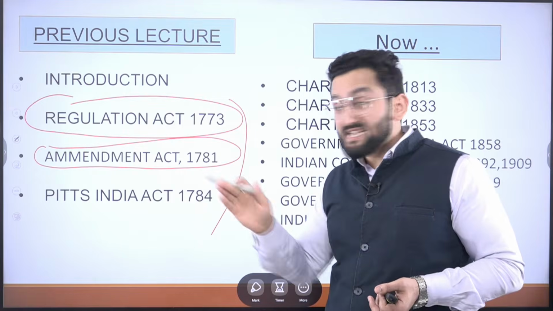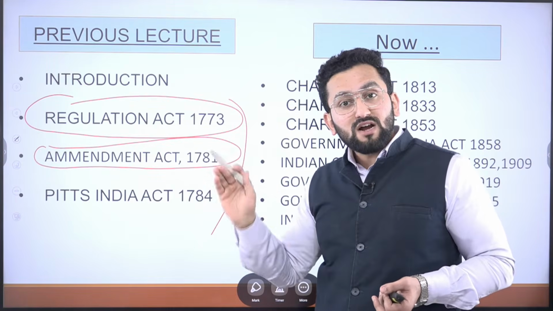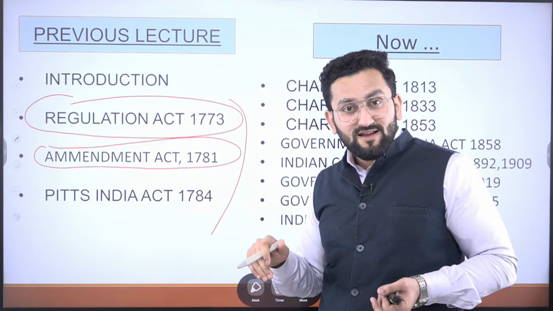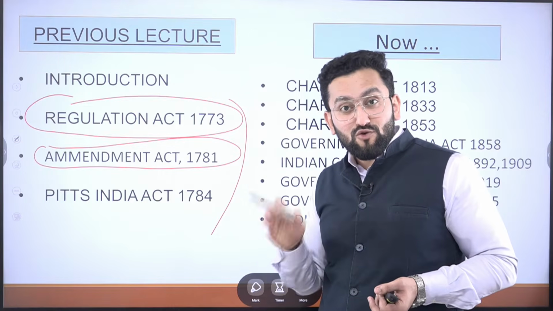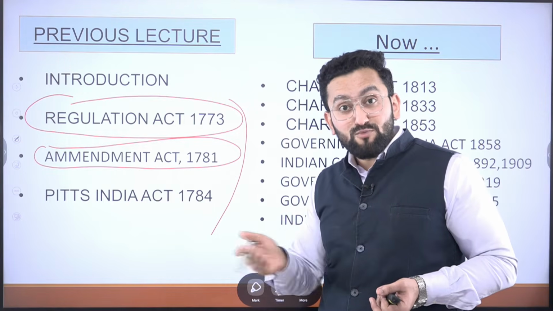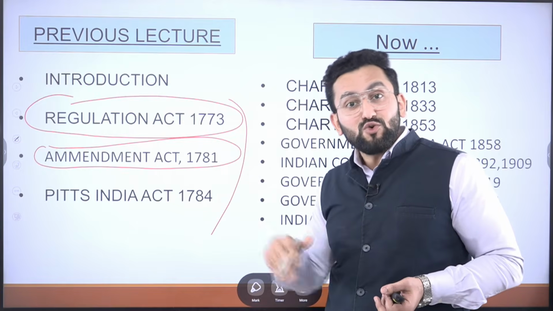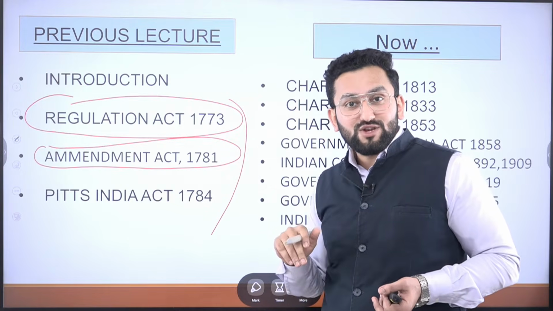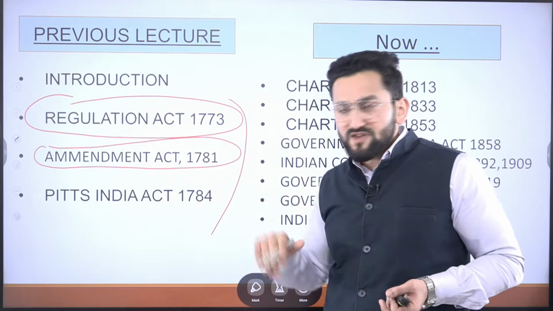Revenue matters were exclusively transferred to the Governor General of Bengal. And appellate jurisdiction of the Supreme Court, when it comes to revenue matters, was also transferred to the Governor General Council. So we discussed all of this in our previous session.